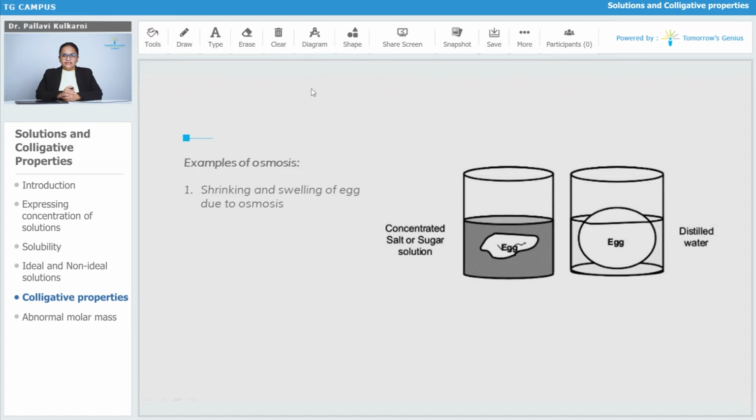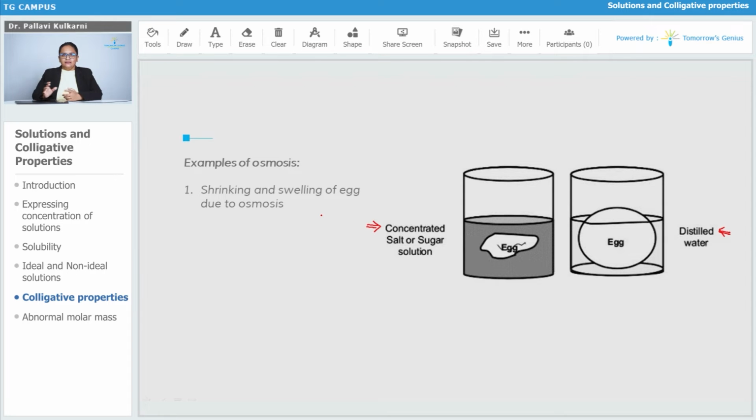Okay, let us see how it is possible for egg. There are two types of solutions taken in these two beakers. The first beaker contains concentrated salt or sugar solution, whereas the beaker on the right hand side contains only distilled water, no solute added.